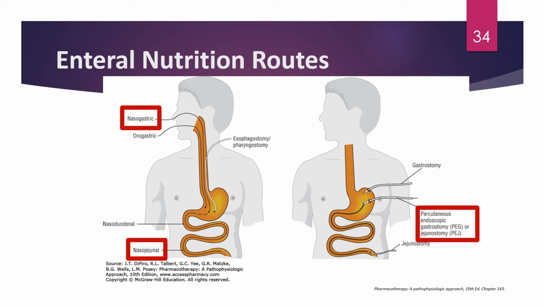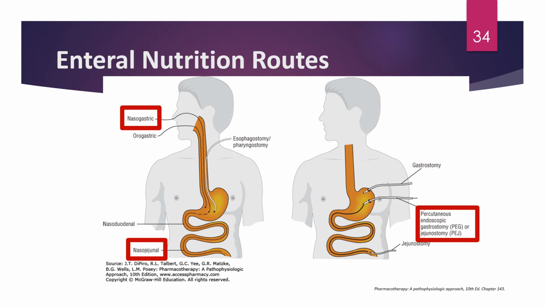Usually, we do not keep in nasogastric tubes and nasojejunal tubes longer than a couple of weeks, because a lot of times these patients may not necessarily need it for the whole time. Their illness might resolve after a certain period of time.